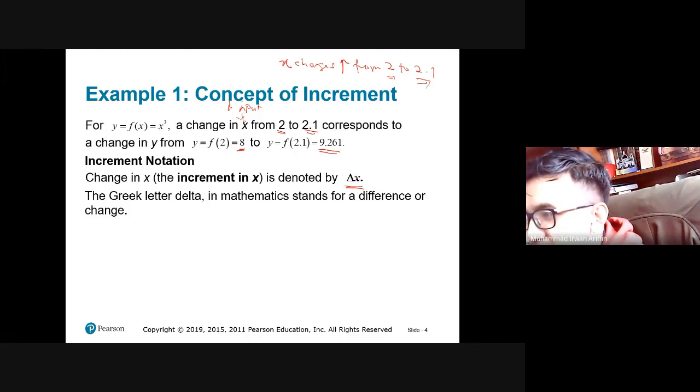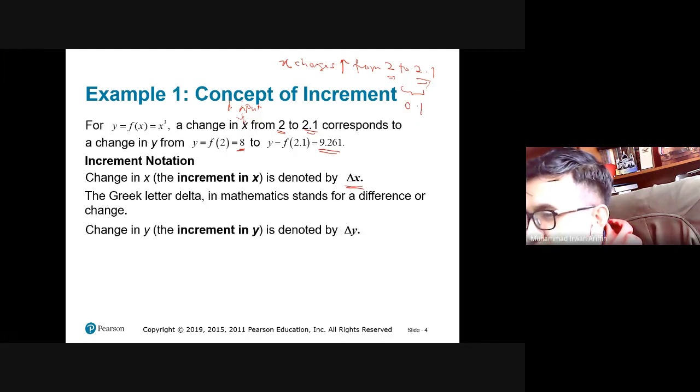So when it is combined with x, delta x means the difference or change in x. How much has x changed? In our example, x has increased by 0.1. It has gone up by 0.1.